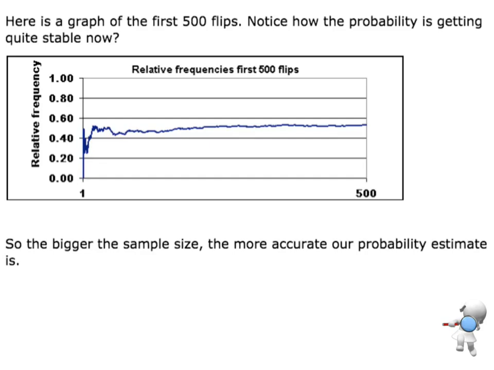Alright, now if I extend that out to 500 flips, we can see that that probability there is pretty much around 0.5 or 50%. So that means, that leads us to this idea that the bigger our sample size or the number of trials, the more accurate or precise the probability estimate is going to be. Alright, so that's quite a big idea that I want you guys to take on board.